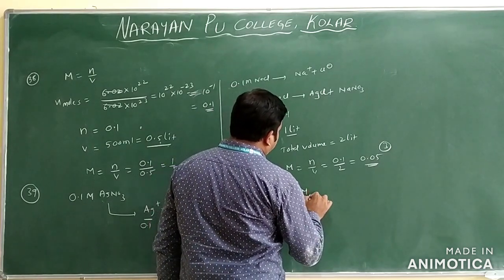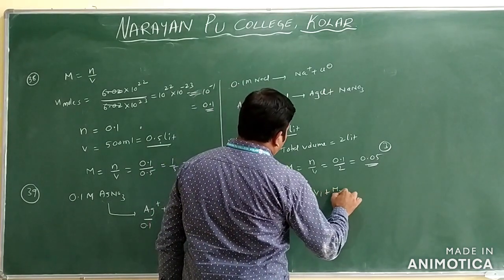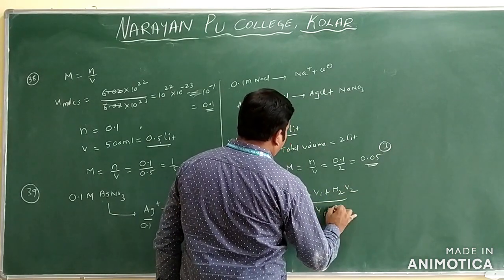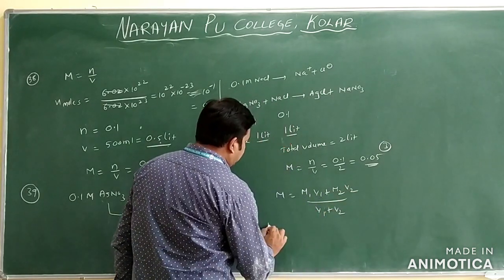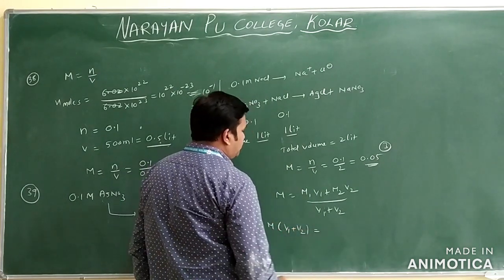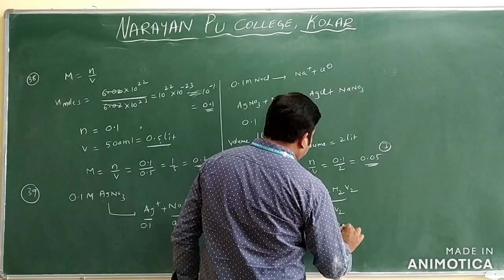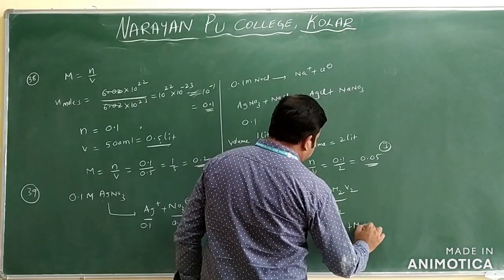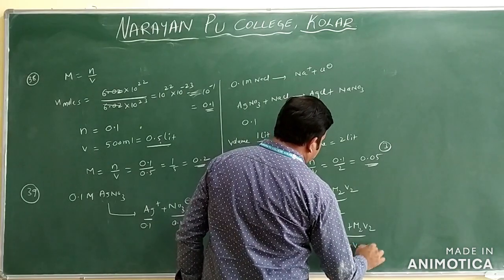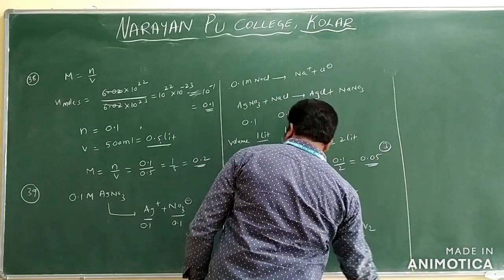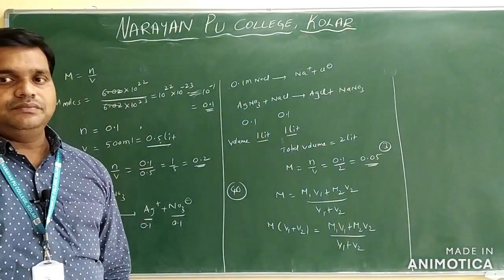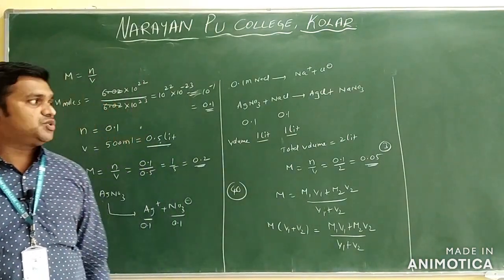M is equal to M1V1 plus M2V2 by V1 plus V2, or you can write M into V1 plus V2 is equal to M1V1 plus M2V2. So this is the formula we are using for this question.